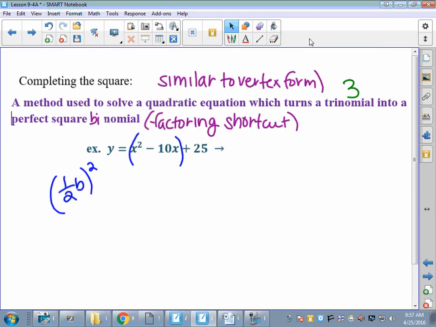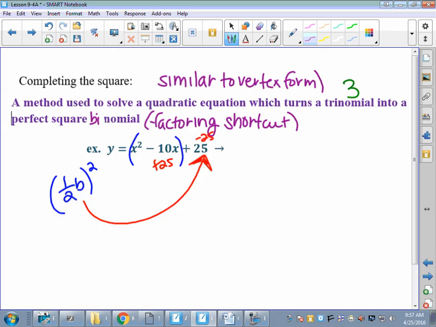Square that, you get a 25. Well, I've already got this 25 out here. So this is ready to go. I don't have to do anything, because if I did add 25 and subtract 25 like how we did before, I would still have an x squared plus 10x plus 25 plus 0. So I've got exactly the same thing.